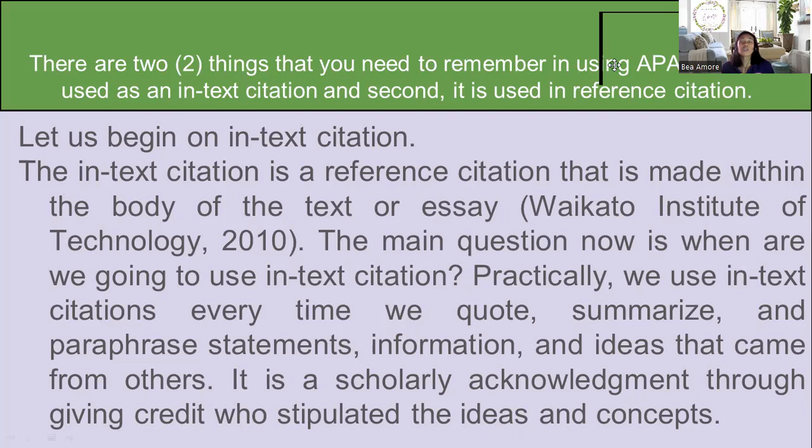The in-text citation is a reference citation that is made within the body of the text or essay (Waikato Institute of Technology, 2010). The main question now is, when are we going to use in-text citation? Practically, we use in-text citations every time we quote, summarize, and paraphrase statements, information, and ideas that came from others.